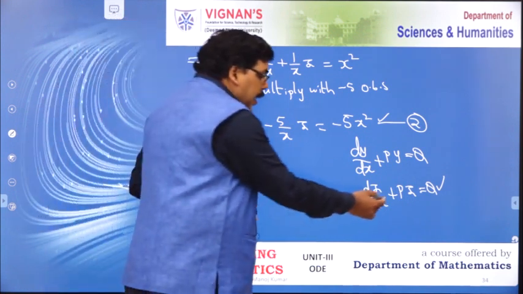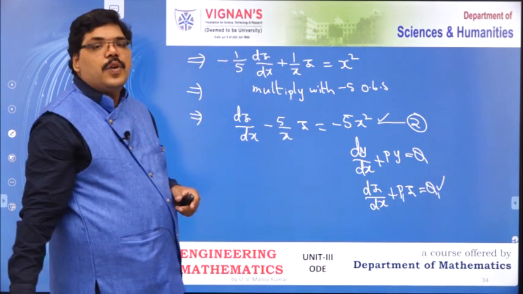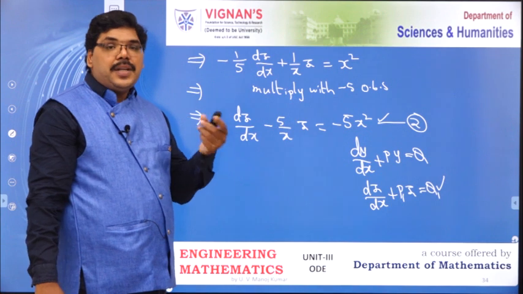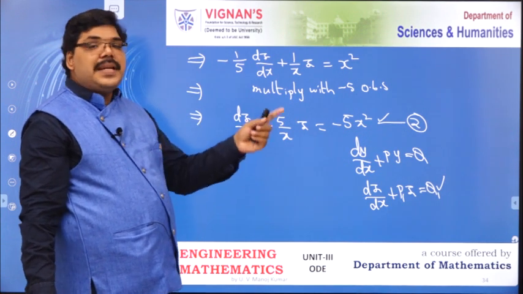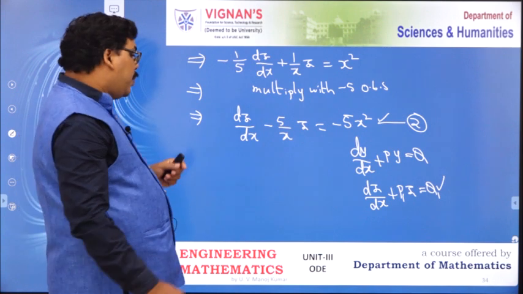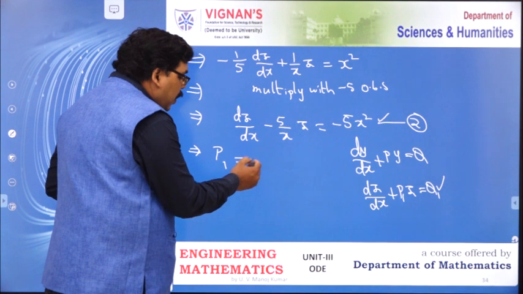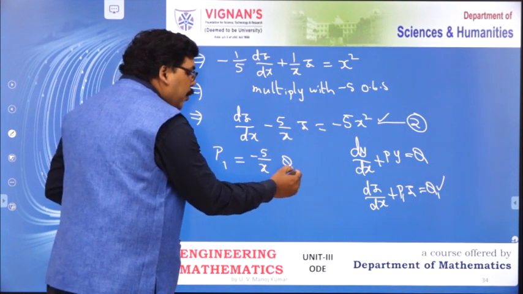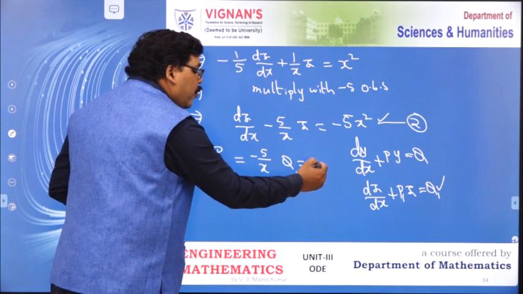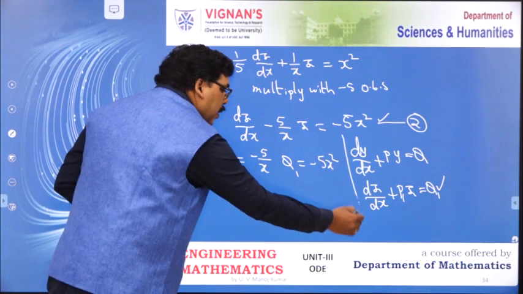So let us say this is p1, this is q1. Why, sir? Already p and q are used in Bernoulli's form. So let us say p1 z equals q1. When you compare, p1 equals minus 5 by x, q1 equals minus 5x square.